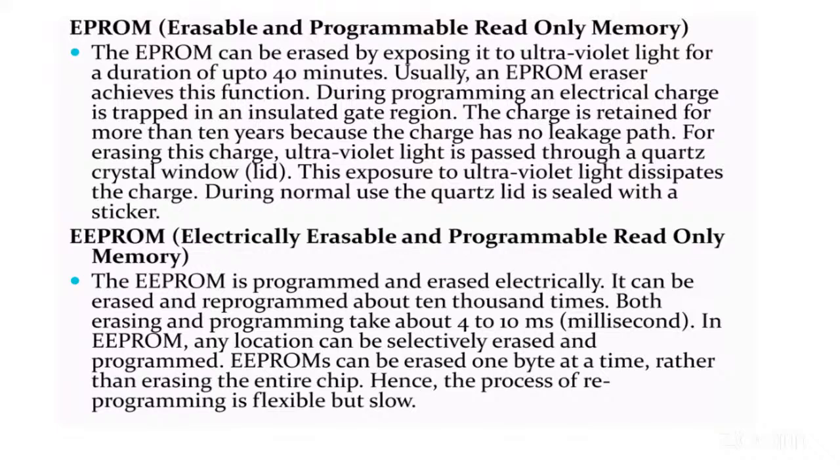Both erasing and programming take about 4 to 10 milliseconds. In EEPROM, any location can be selectively erased and programmed. EEPROMs can be erased one byte at a time rather than erasing the entire chip. Hence, the process of reprogramming is flexible but slow.